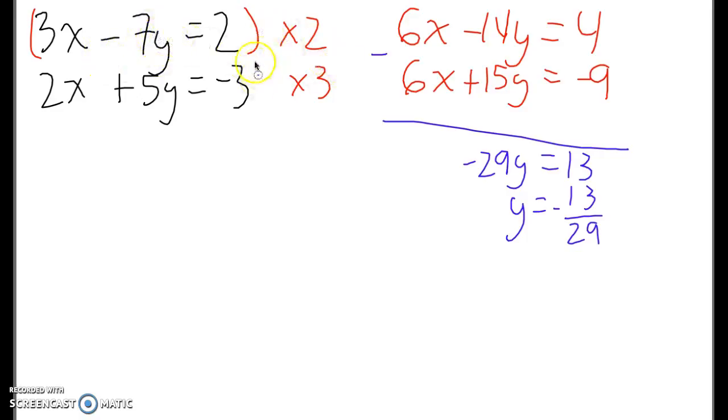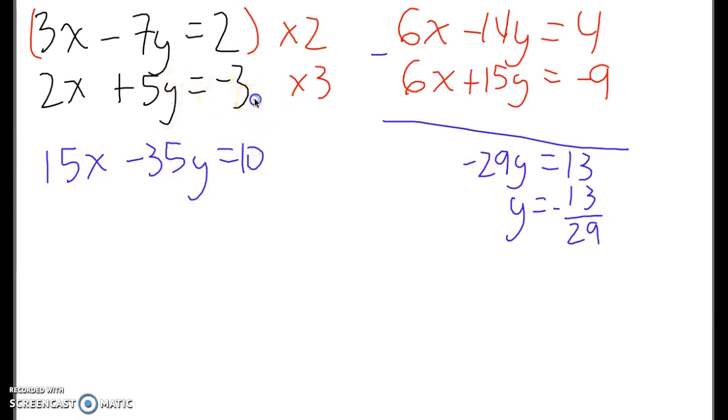Actually, if I multiply by 7, then I'm going to mess it up. 7 is my coefficient for the first one, so I don't want to do that. I want to multiply this top one by 5. So I'm going to have 15x minus 35y equals 10.